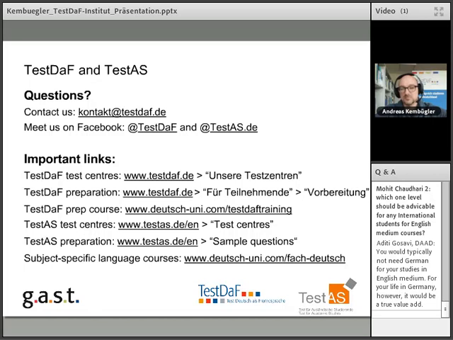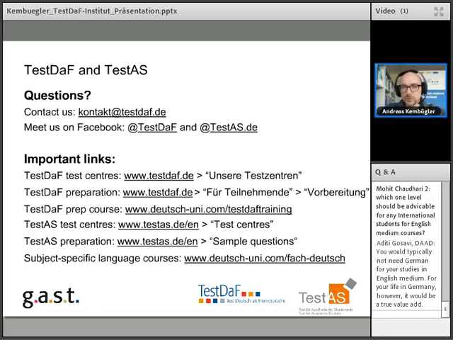Mr. Kembugler had mentioned the Goethe certificates. Many of you are asking about an A1 or an A2, and I think that level of proficiency will not be sufficient for university level studies in Germany. So, Mr. Kembugler, would the Goethe C1 be a requirement if students want to take up university level studies in Germany, or is a B2 acceptable?